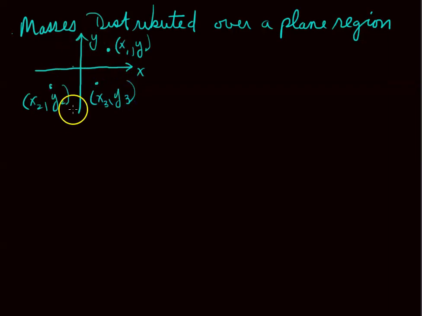And for each of these, if you think about a horizontal line, there is a moment about the x and a moment about the y. All of these have masses: mass m sub 1, mass m sub 2, mass m sub 3.